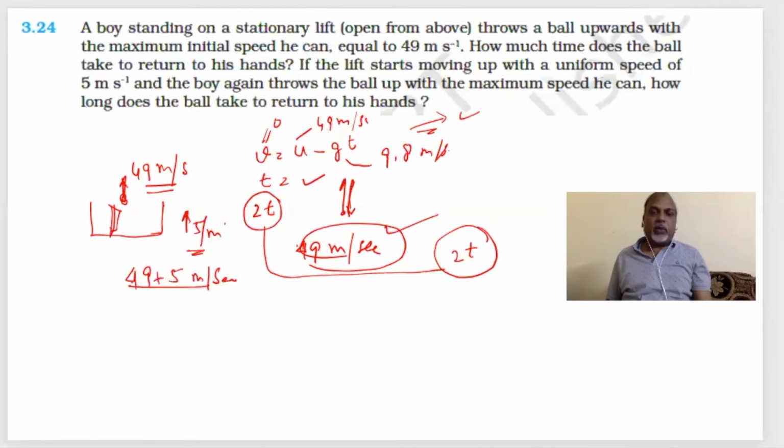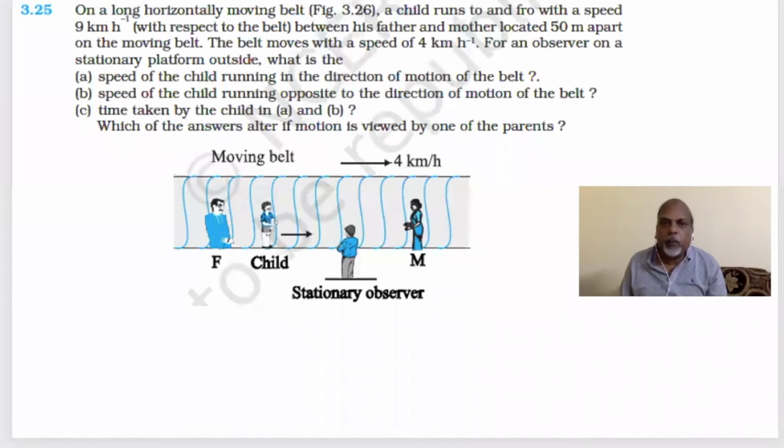25th question. This 25th question says that on a horizontal moving belt, a child runs to and fro with a speed of 9 km per hour. 9 km per hour means 2.5 meter per second.